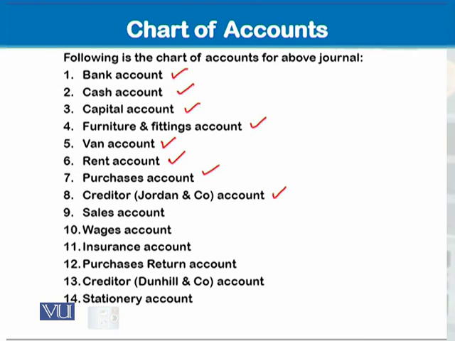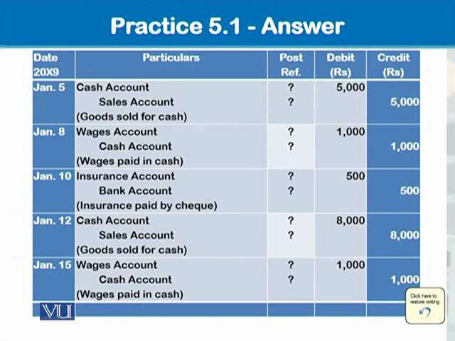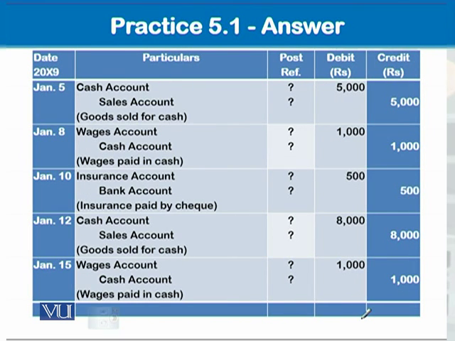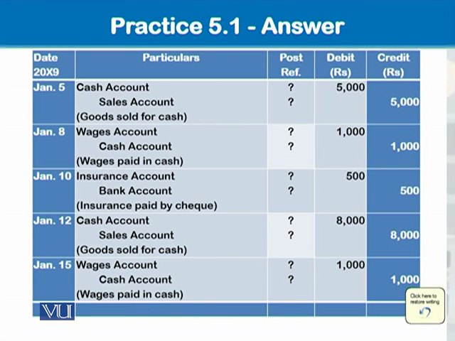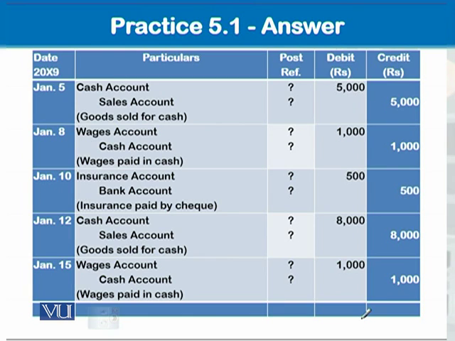Okay, let's go back and see which new account is coming up now. We have already taken this cash account, so we will not repeat cash; rather sales, yes, we have to take. Wages, yes. Insurance, yes. Sales we have already taken, cash, bank we have already taken, wages we have already taken.